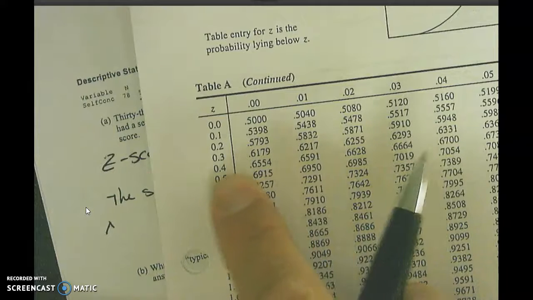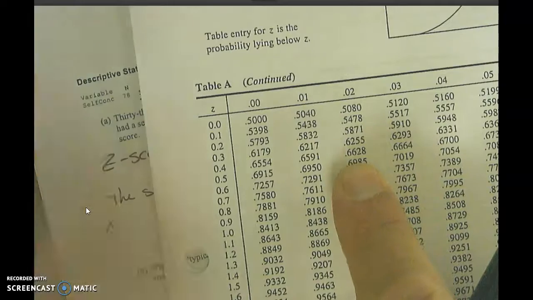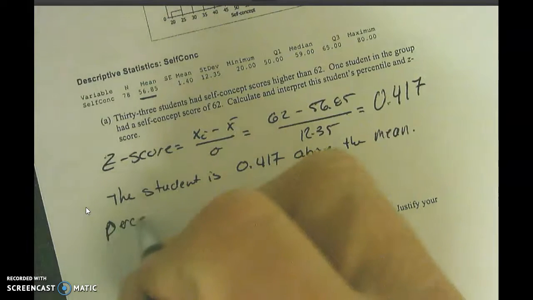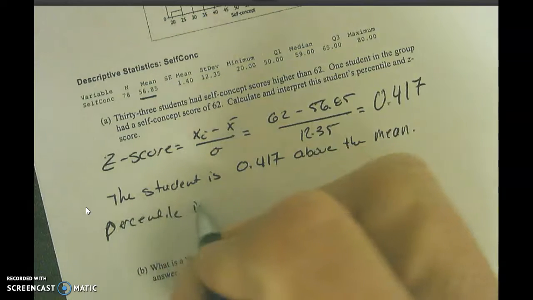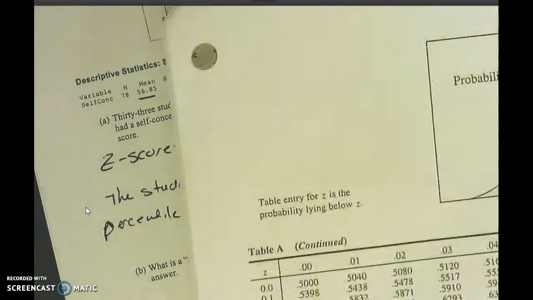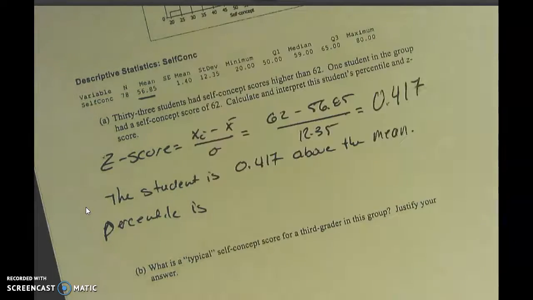So 0.4, I'm probably going to 4.2, which is 0.6628. All right. So my percentile, let's see, make sure I got that right. 0.42, 0.6628.